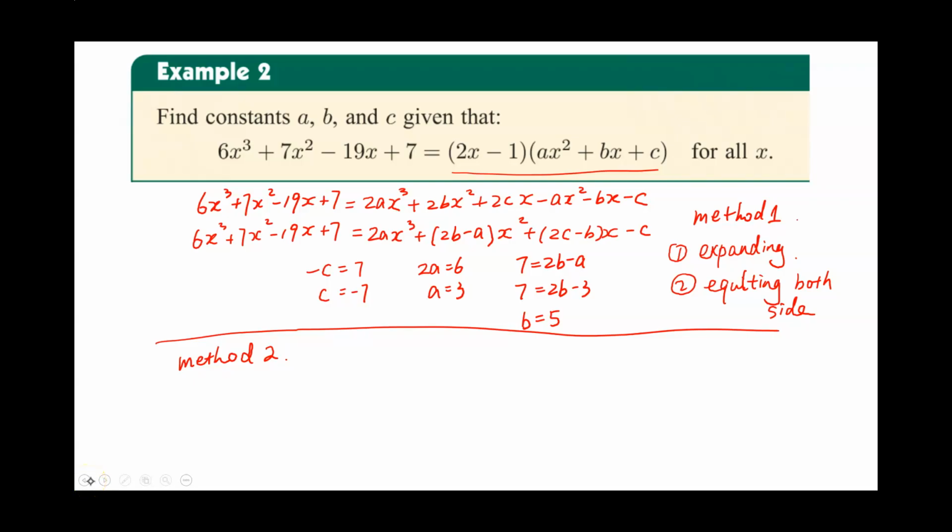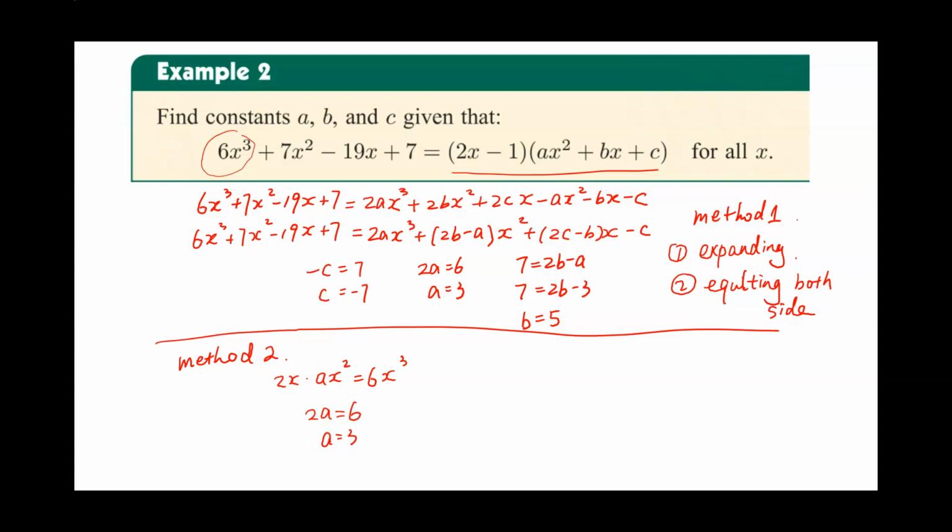Okay, method 2. So you can see that the leading term can only be achieved, as this factor is a linear factor with a quadratic, by times the 2x with ax to the power 2. So by inspection, you know immediately 2x times ax to the power 2 equals 6x to the power 3. You know 2a equals 6, a equals 3.